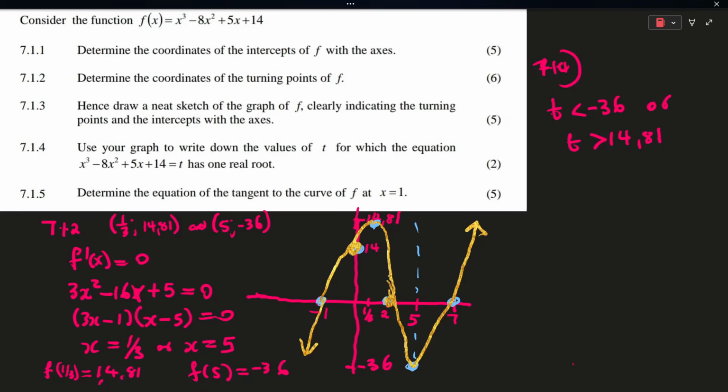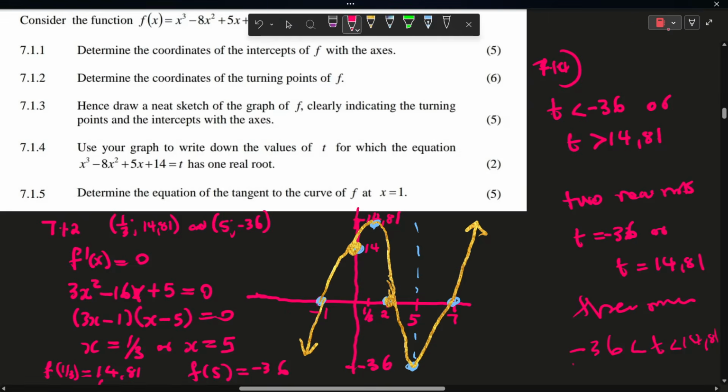Now, when they say two roots, if the question spoke about two real roots, you were going to say t is equal to minus 36, or t is equal to 14.81. You see, when they say three real roots, it should be an interval: minus 36 less than t less than 14.81. Don't forget about this. But our answer for this one is the one we wrote up there.